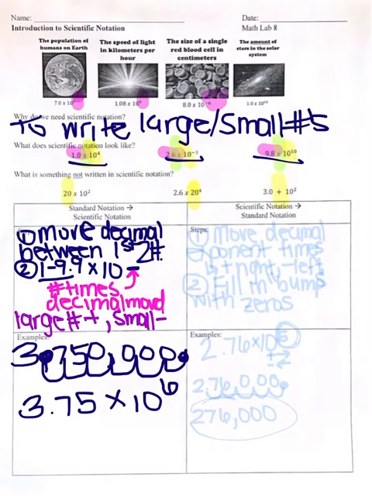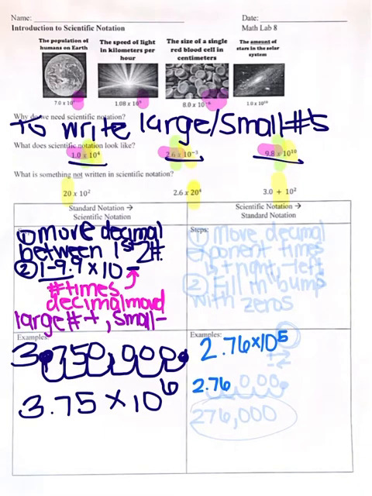So let's see the other way when we're going from scientific notation to standard notation. Pick a new color to keep things interesting. Go with a nice blue. So if we have something like 2.76 times 10 to the fifth power, the first thing we're going to want to do is write that decimal below.